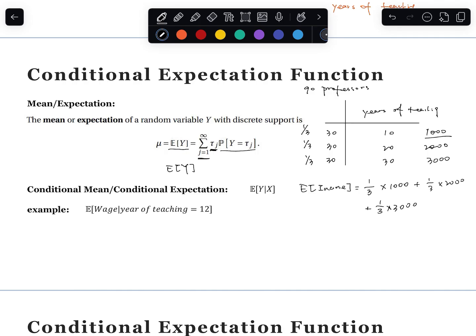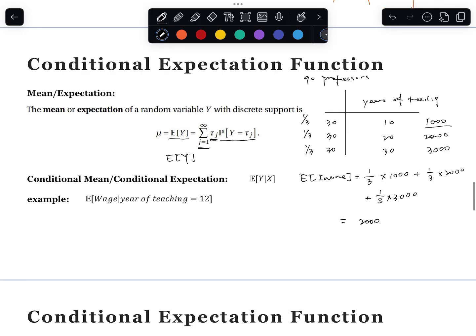And then we can finally get the average income, that is 2,000. So it's actually the average value of the income, but it uses another notation to interpret it. And I hope you can understand this way of interpreting.